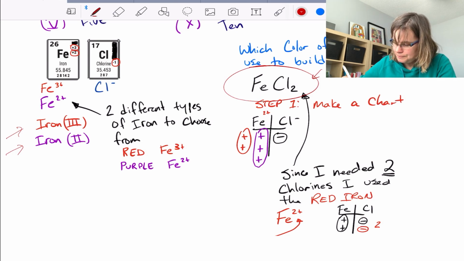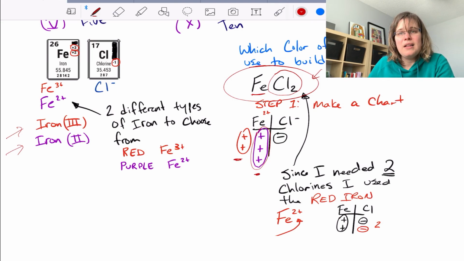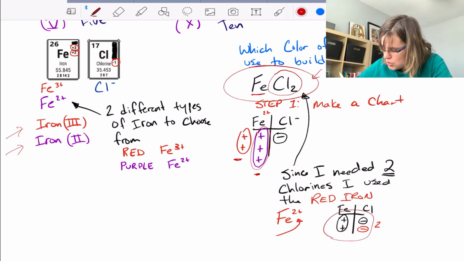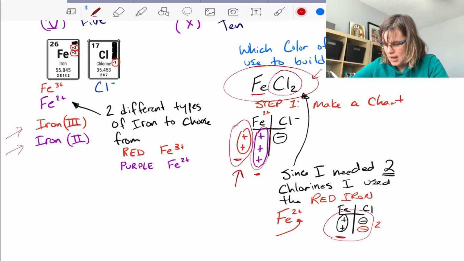Well, let's take a look. We could have used this 3, and since I needed only 2 chlorines here to balance out iron, which one did I use? The 2+ or the 3+? Well, in order to balance chlorine, all we needed was to use the 2+ of the iron. We chose the red iron to balance out the chlorine to make it FeCl2.